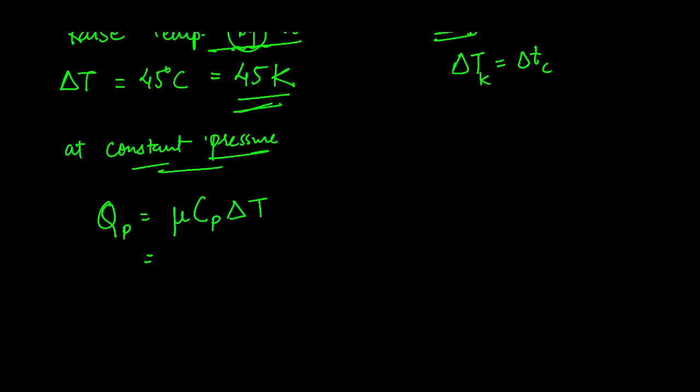Okay, no problem. So mu means number of moles. We have to find the number of moles first of all. Mass is given. From mass, can you find moles?